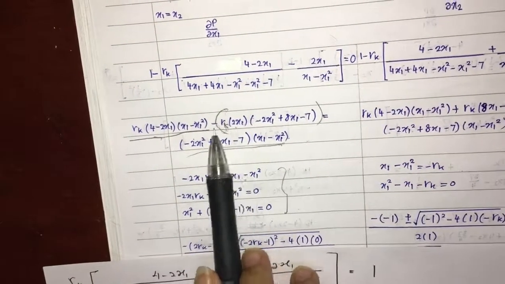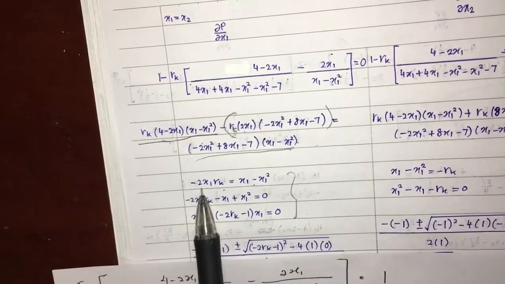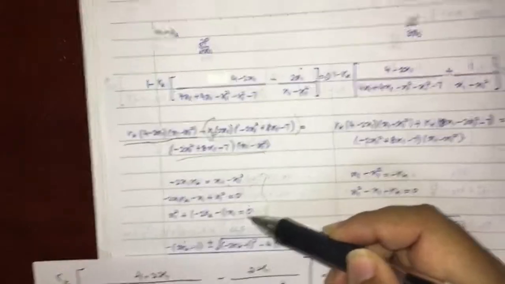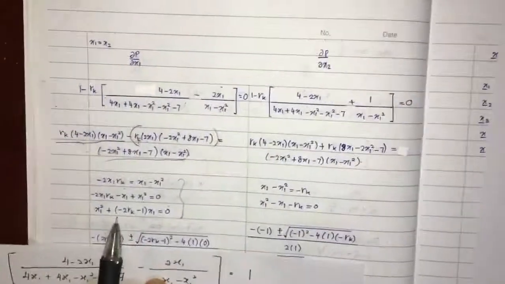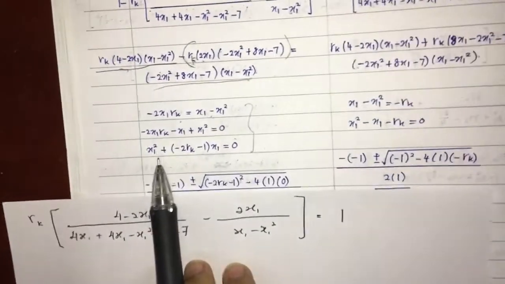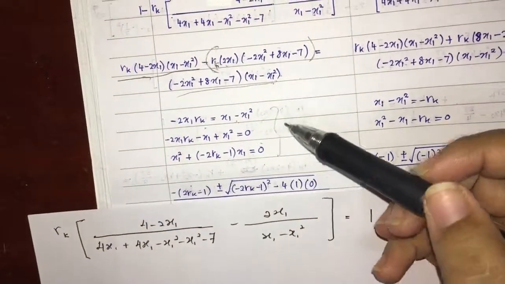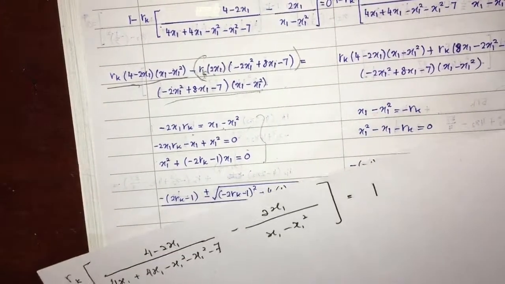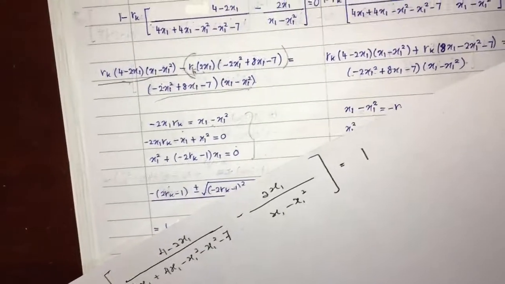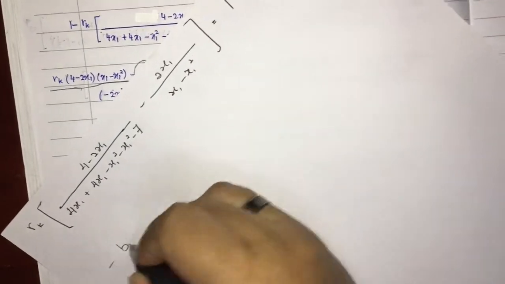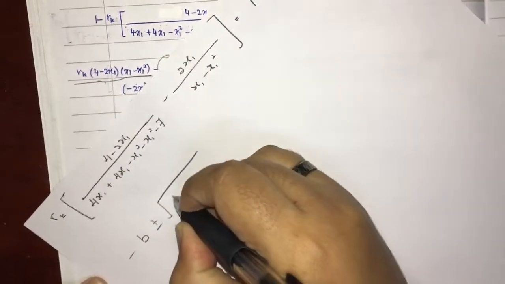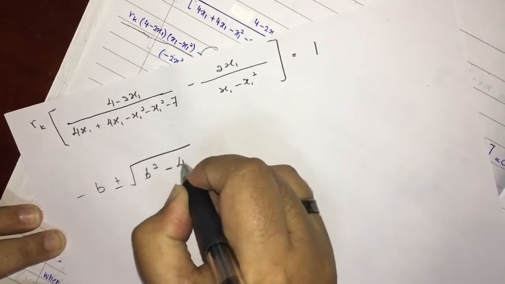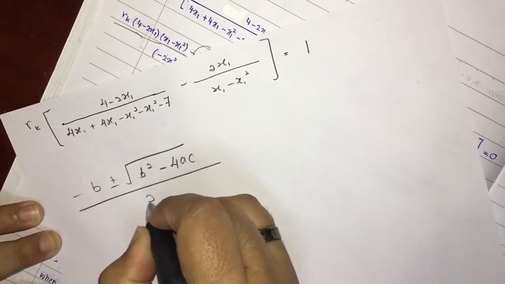After we compare, we take this part, so we got 2x1 RK equal to x1 minus x1 squared. After we solve, we get a quadratic equation. Since we cannot solve it by simple factorization, we need to use the quadratic formula, which is negative b plus minus square root of b squared minus 4ac divided by 2a.